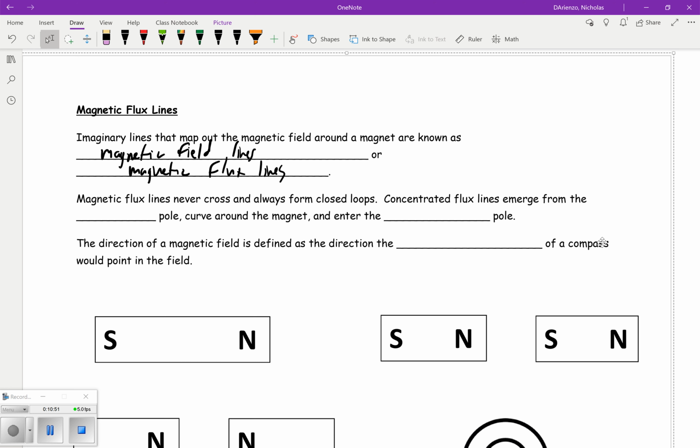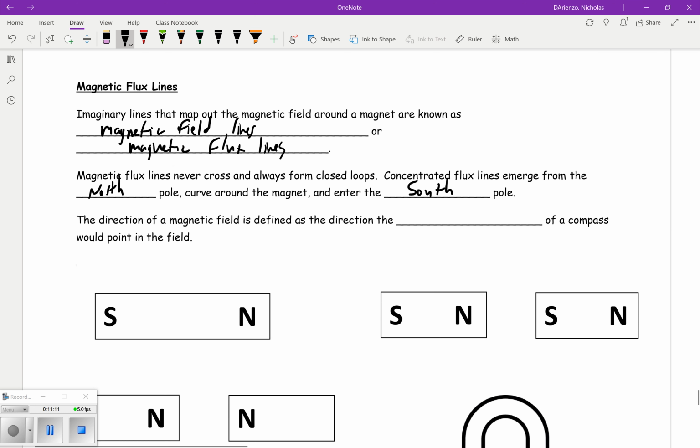And we see a concentrated set of magnetic field lines emerging from the north pole. They curve around the magnet and enter the south pole.